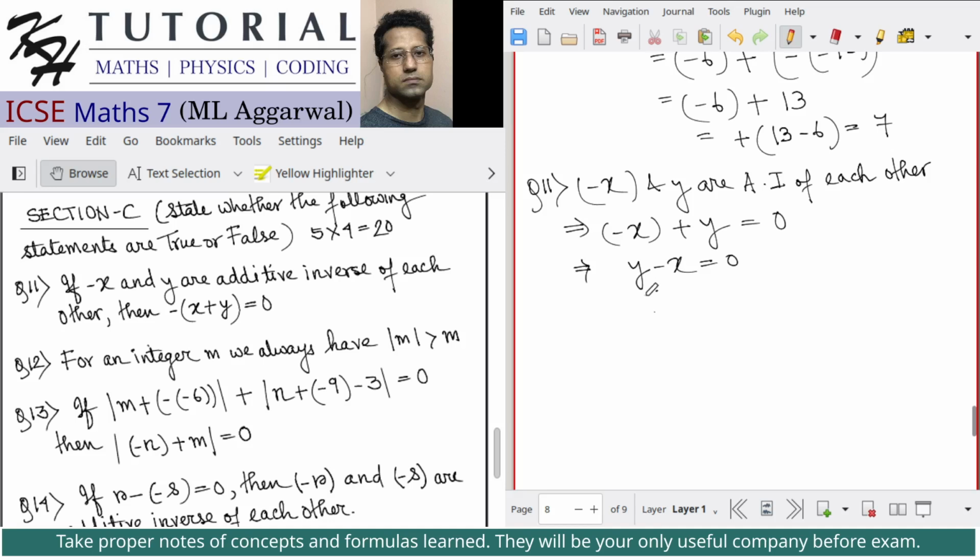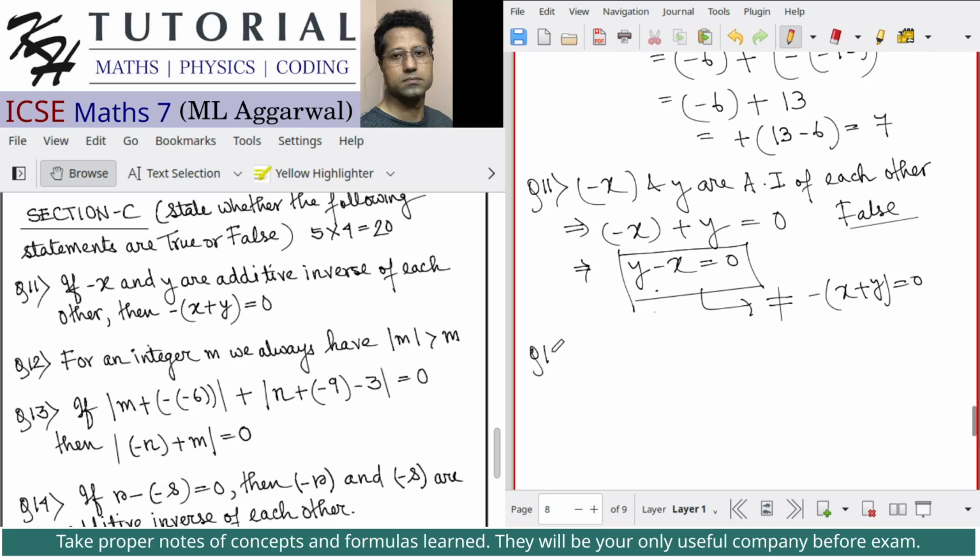We can say from the fact that minus x and y are additive inverse of each other that y minus x is equal to 0, but this does not imply that negative of x plus y will be equal to 0, and hence this is a false statement.